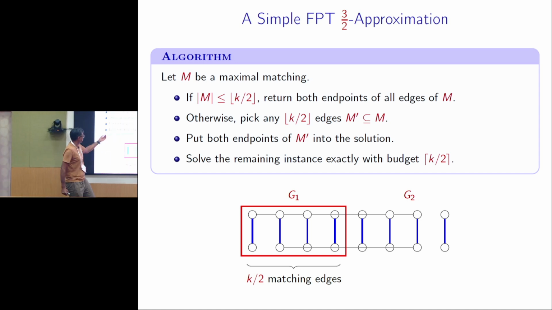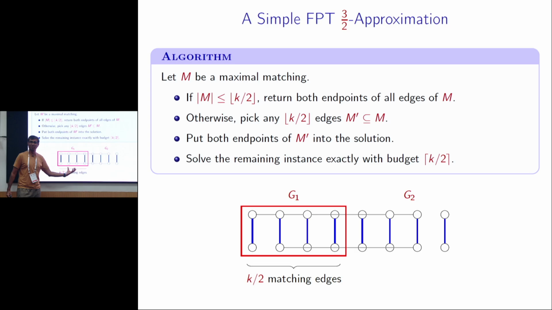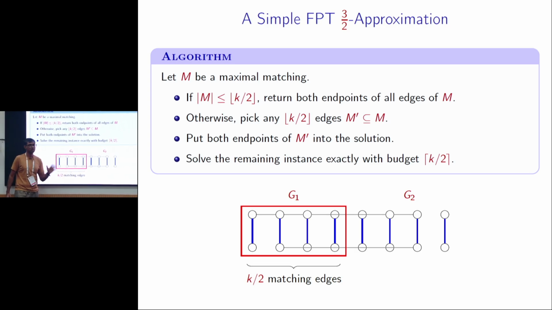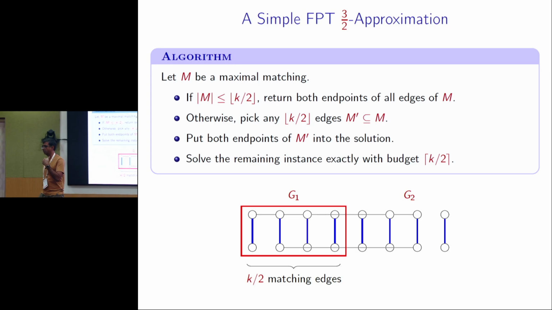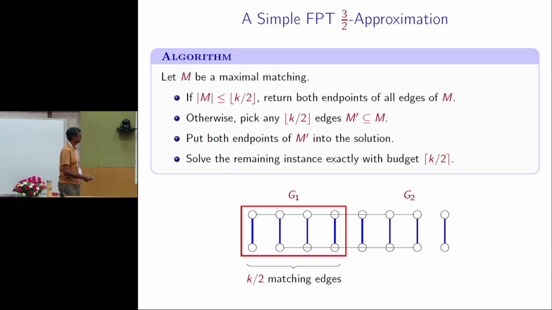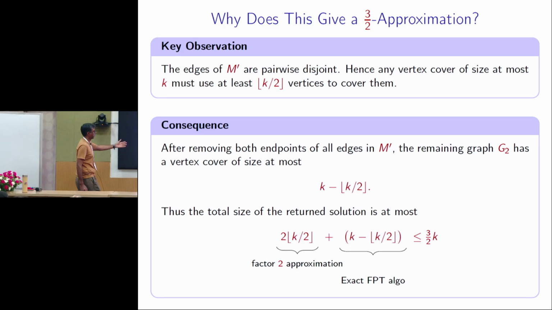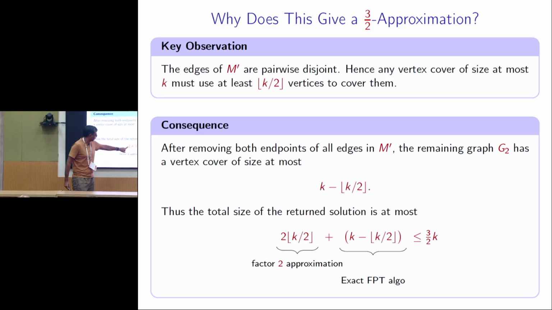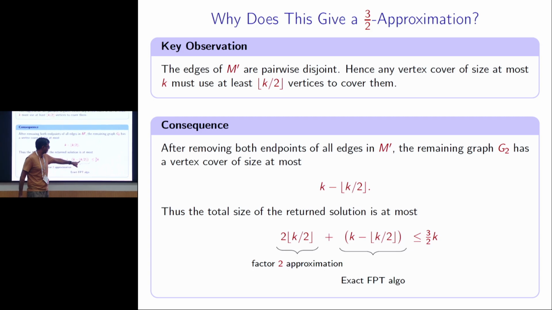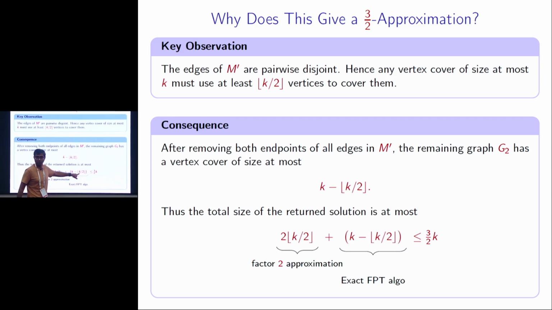So it picks any k/2 matching edges. And why is it important? Because this allows me to argue that OPT has reduced in the reduced graph. So 2 into k/2 for those matching edges, factor 2 approximation. And on the rest, I'm going to run my exact FPT algorithm.